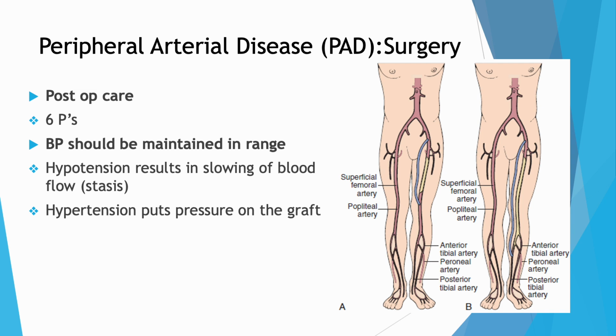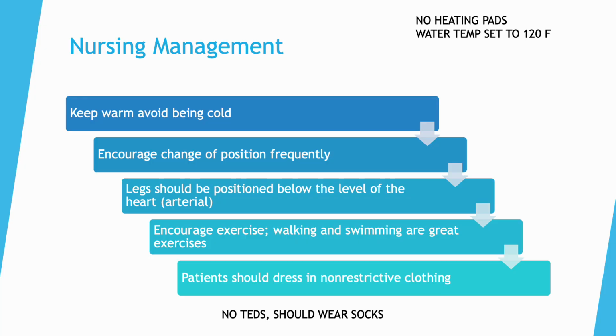You need the blood pressure about 140 systolic. Because if the blood pressure goes too low, the graft will collapse. And if the blood pressure is too high, the graft can blow out, right? It puts pressure on the graft. So we need Goldilocks blood pressure after peripheral artery disease surgery.